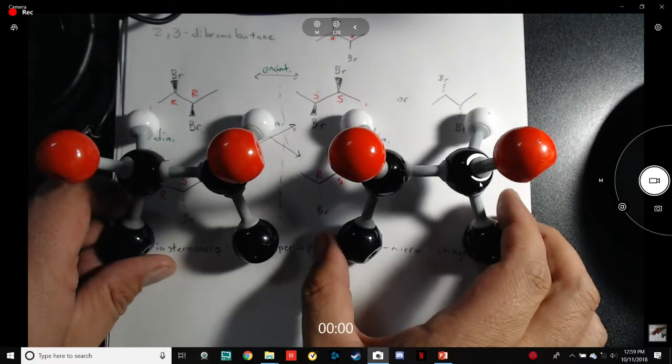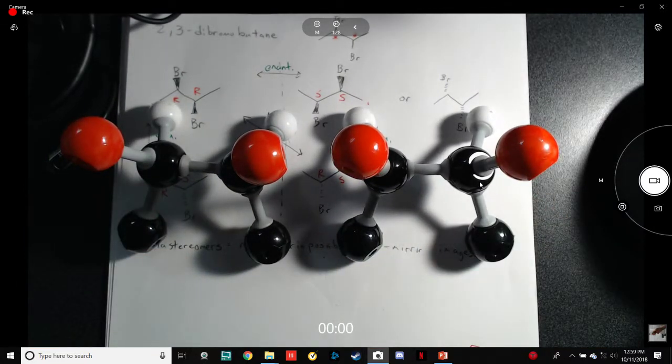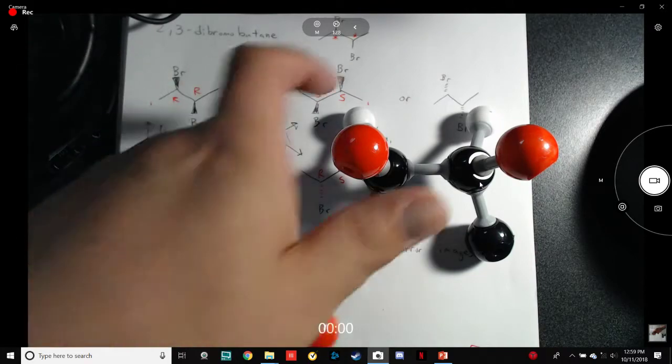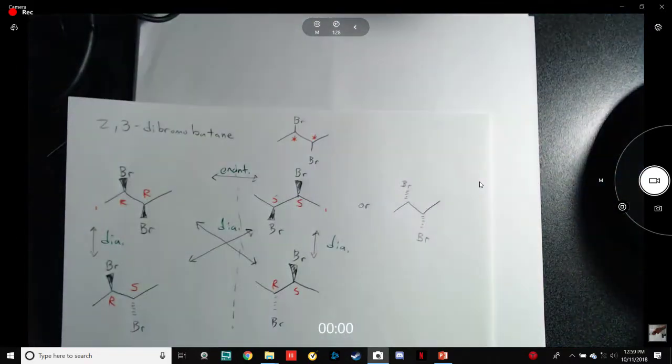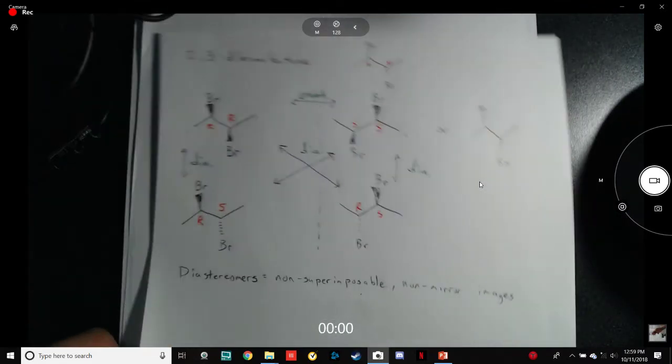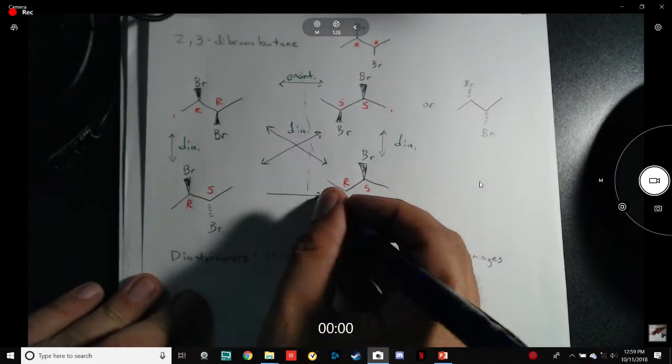And what do we have now? They are identical. So in that situation where we have an internal plane of symmetry, the molecules are referred to as being meso. Yep, M-E-S-O. So these two right here on the bottom, they are actually identical.